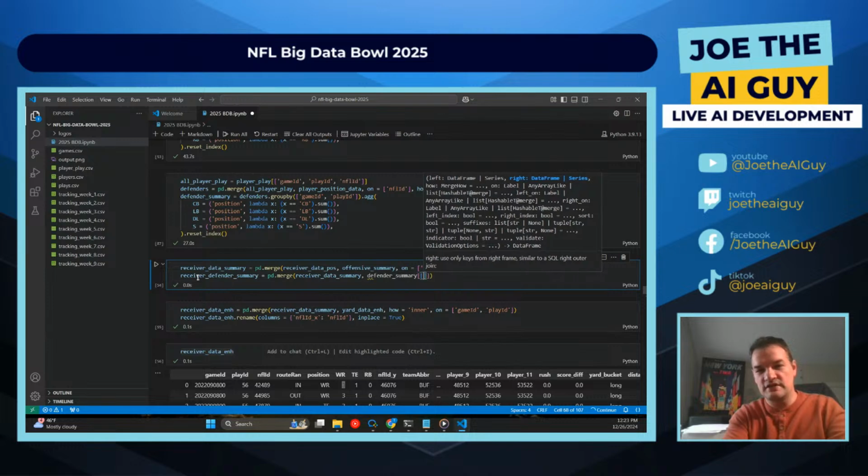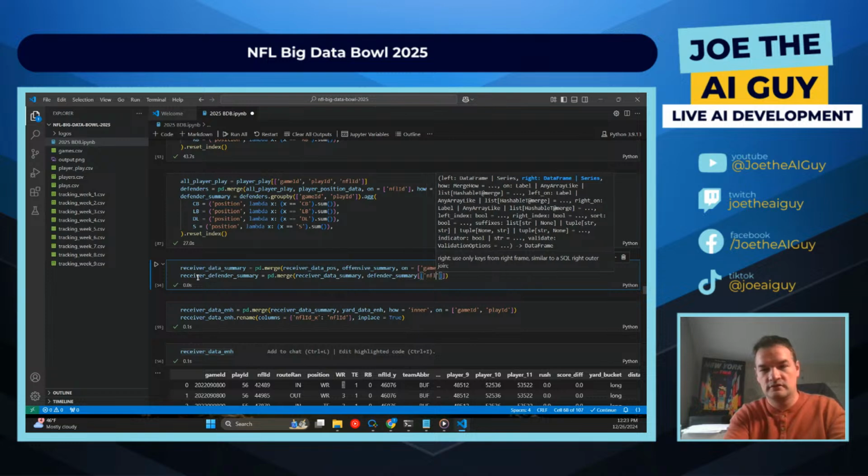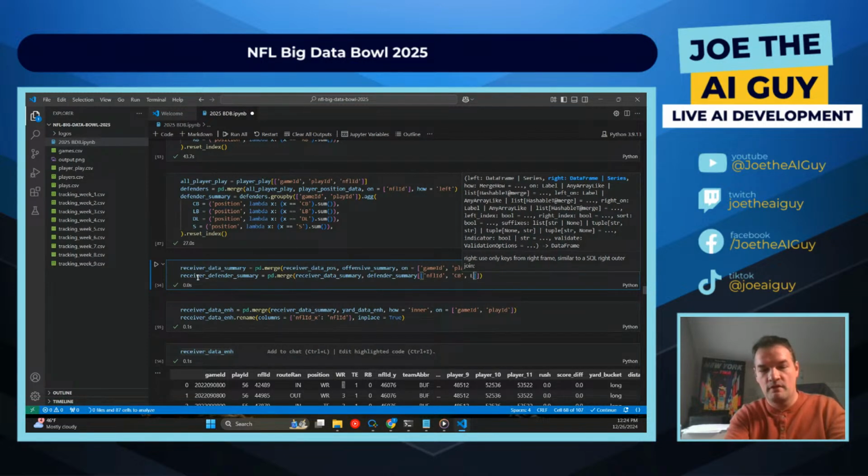But we only want certain fields out of this. So I'm going to cut this down. I want the NFL ID. I want the fields that we made for CB, LB, BL, and S.